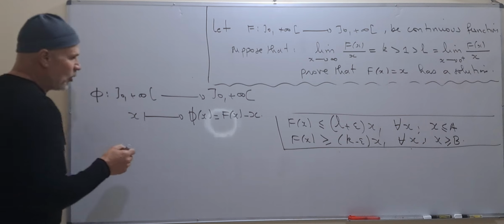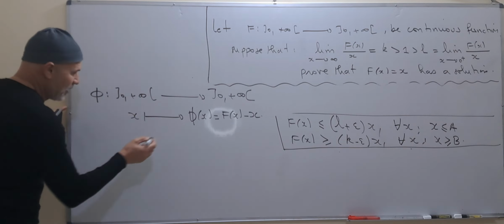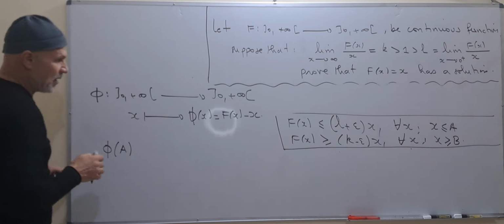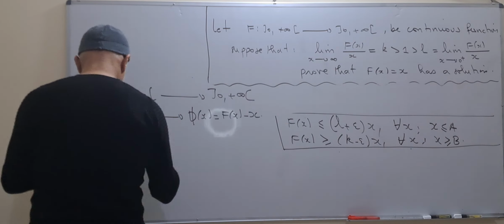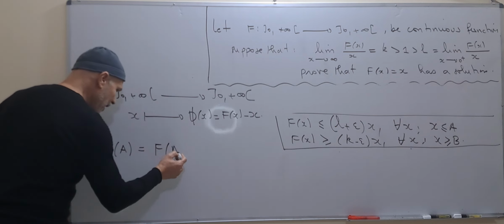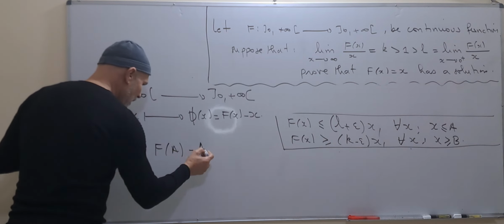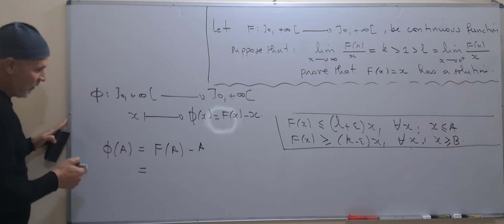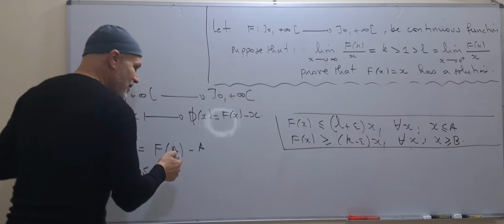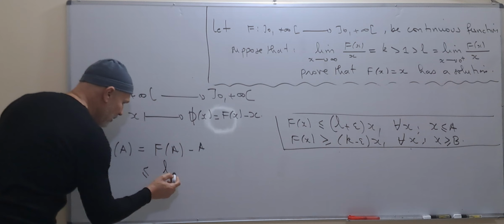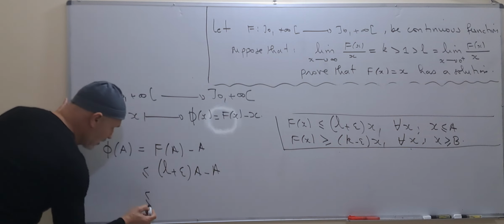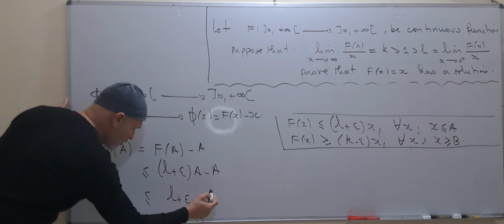So we take phi of A, which is equal to f of A minus A. This is less than or equal to, because f of x is less than or equal to this, L plus epsilon times A minus A, which is equal to L plus epsilon minus 1 times A.